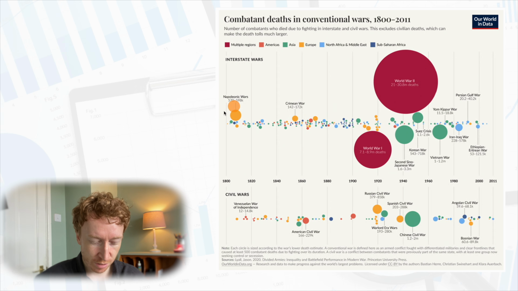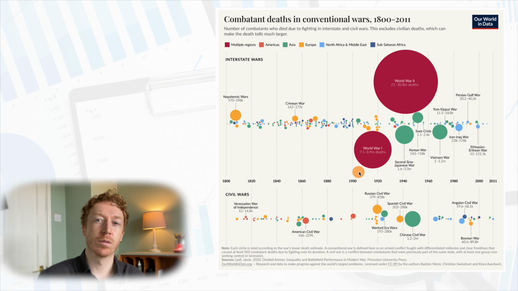You can see we have lots of small wars, but with low death tolls in those wars. That is until around 1916, where we see a dramatic increase in the number of combatant deaths in wars with the arrival of World War I.